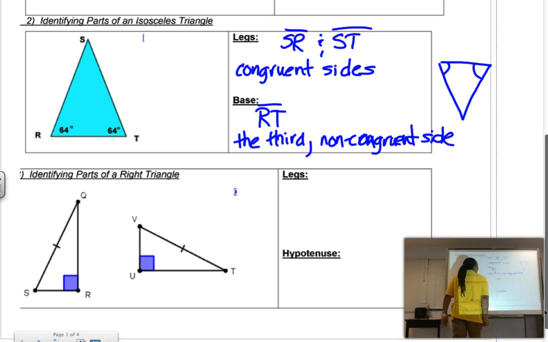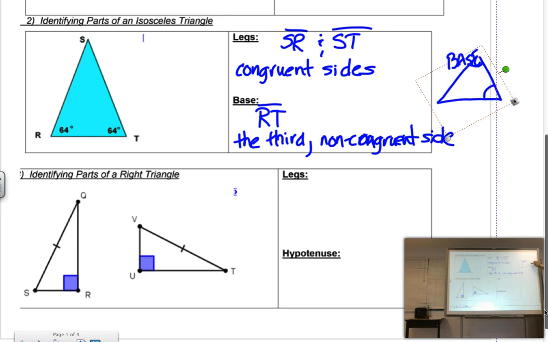Now remember, Ali, if it's upside down, okay, this is still going to be our base. Okay? No matter how it's oriented, it's the base. I love the smartboard for this.